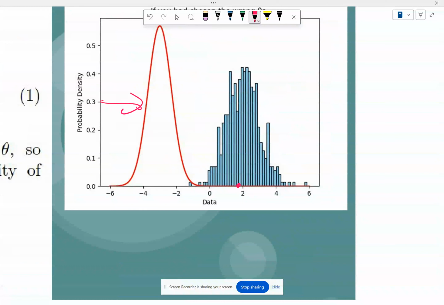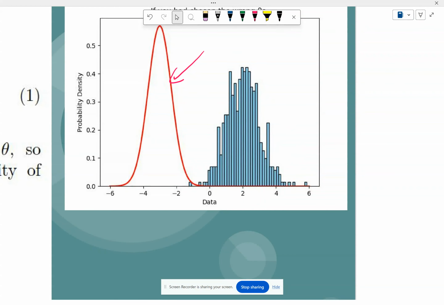This is a particular sample. This sample, which is 1.8, based on this probability distribution, the probability of this sample would be very, very small, basically zero. Basically, the probability of every one of these points would basically be zero, right?